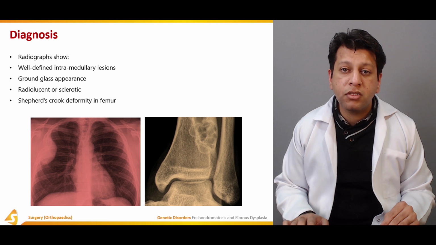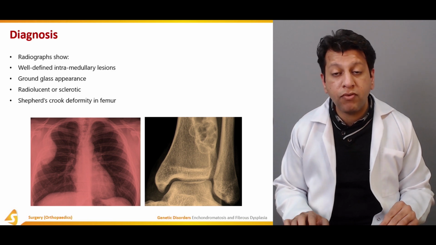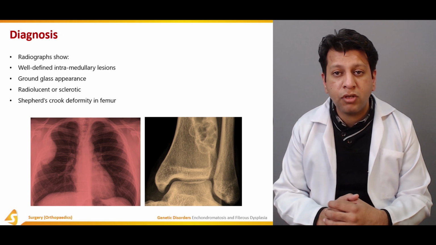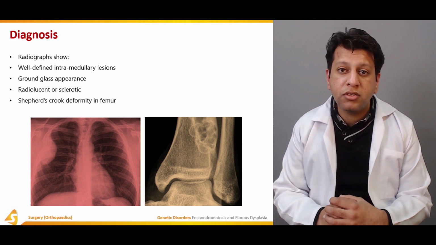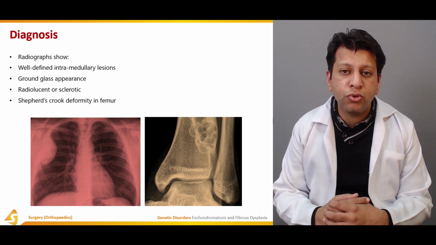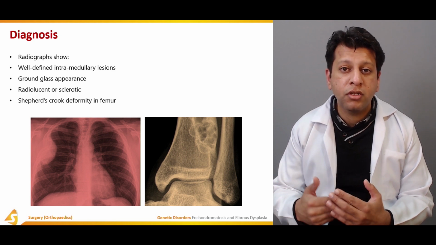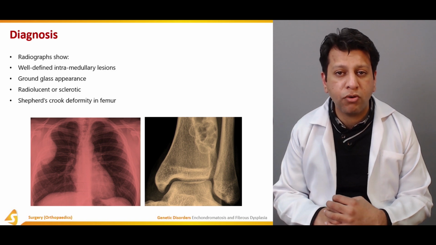If it is present in the proximal femur, this may result in a deformity of the femur called Shepherd's crook deformity, which is very classical of other conditions as well, such as osteogenesis imperfecta. But as this bone is replaced by fibrous tissue, the bone cannot carry the weight of the body. As a result, over a period of time, this results in bowing of the proximal femur, leading to a Shepherd's crook deformity.